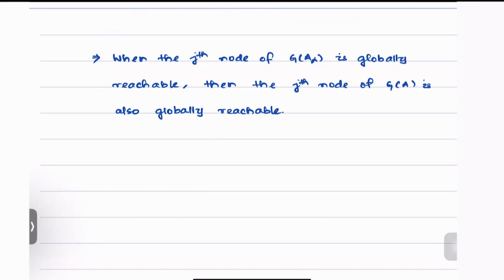This is an important property. That means, can we now show that if e raised to the power minus L, somehow its jth column is all positive, then correspondingly these two things hold.